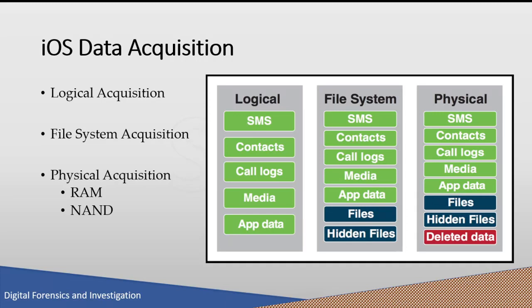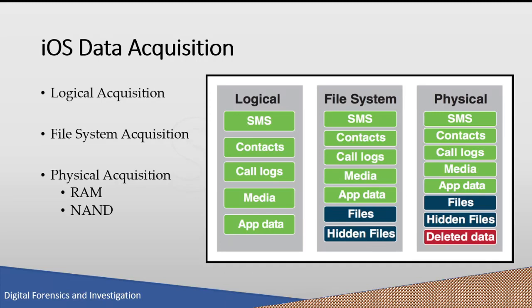If a physical image is captured, there is little to no need for the logical acquisition. But not all the data is analyzed in the physical image, which is why having access to the logical image, with its readable data, will assist in digging deeper into the physical image for artifacts to support forensic investigations.